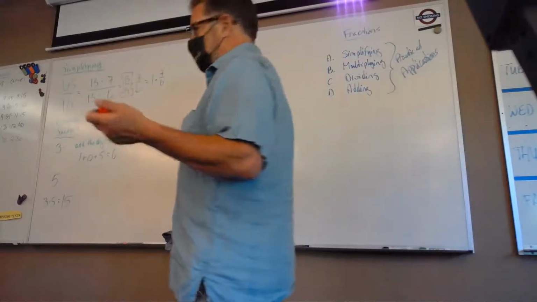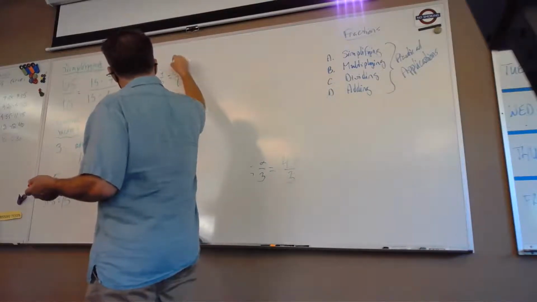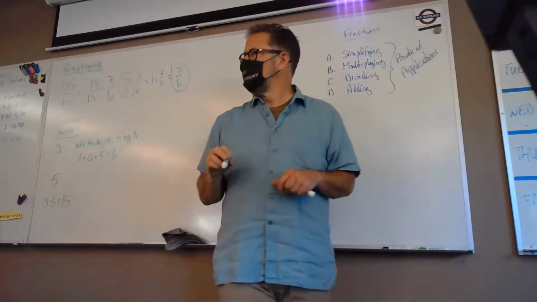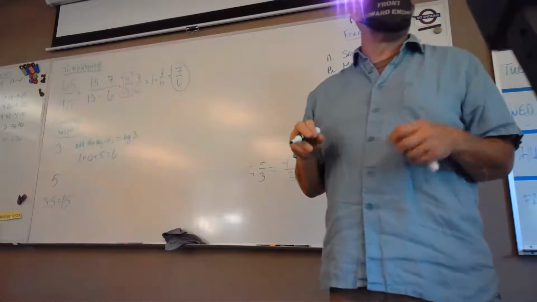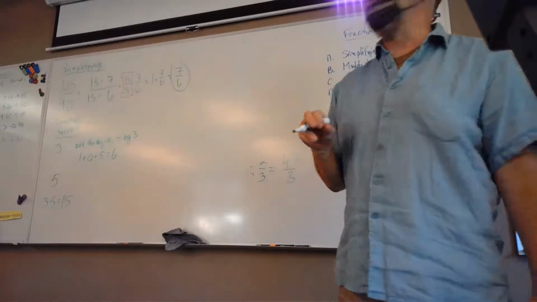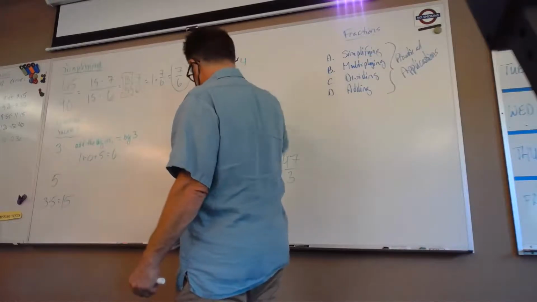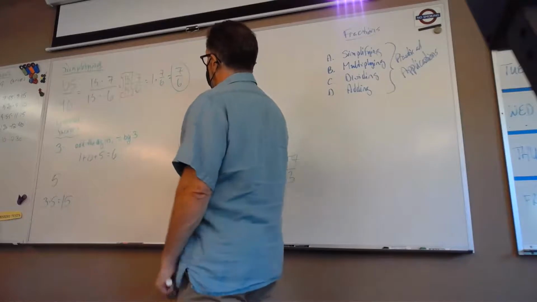Itself. This is where people get messed up when we go back to thinking about algebra. Because if I were to tell you that 3 times, well, let's redo that one.